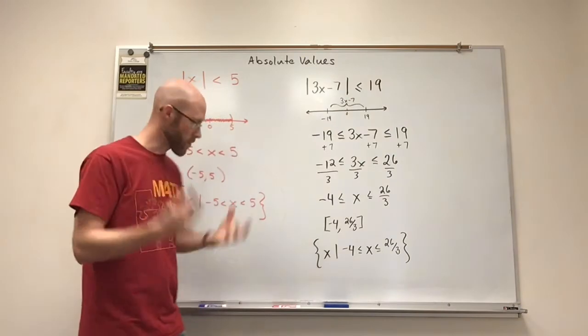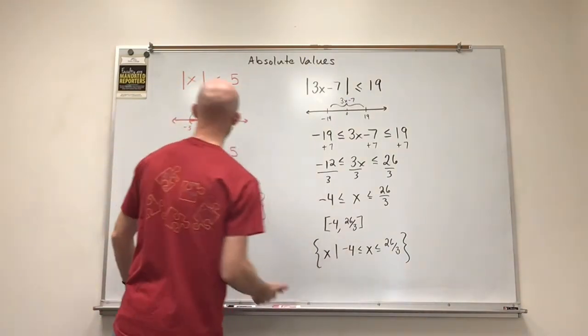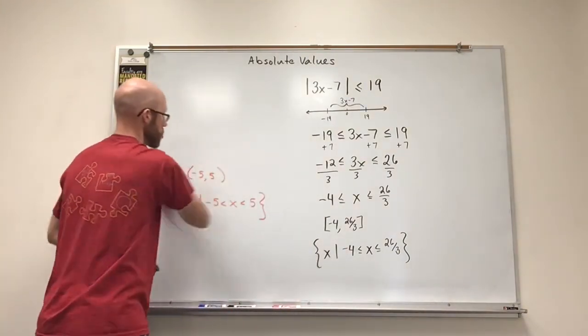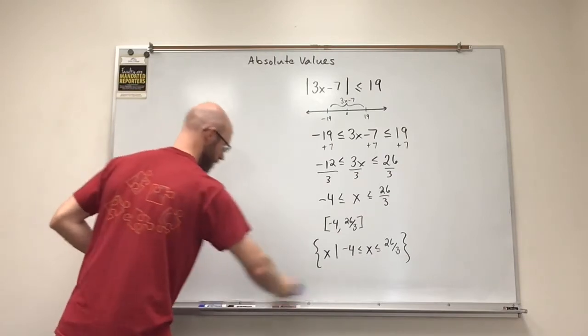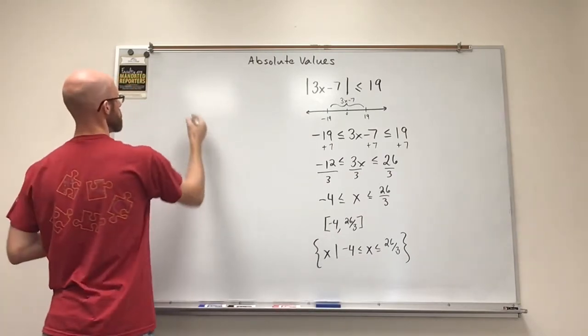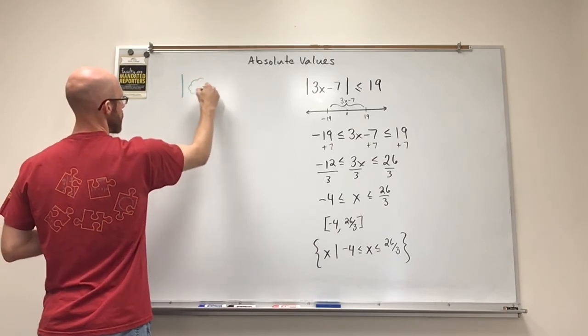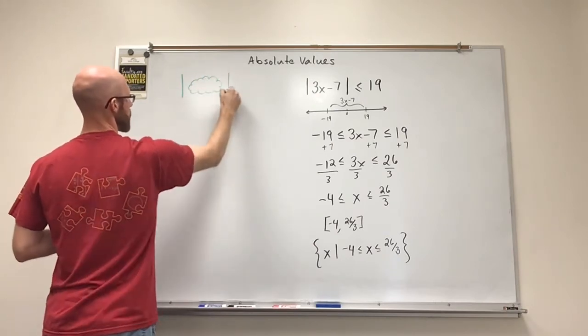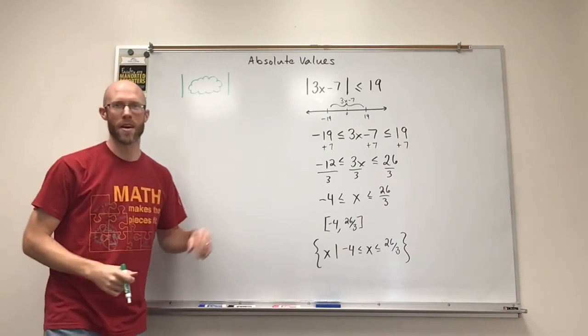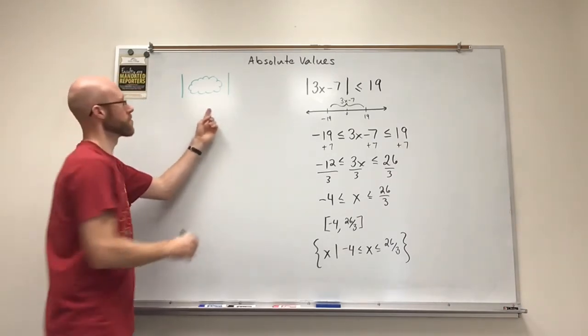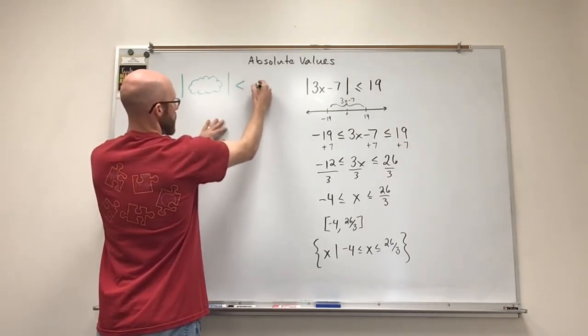Okay, so let me give you just a quick structure then, as a general rule. If you have some stuff, I'll make it like a cloud, some sort of weird shape. You got some stuff inside an absolute value, and that's less than a number.